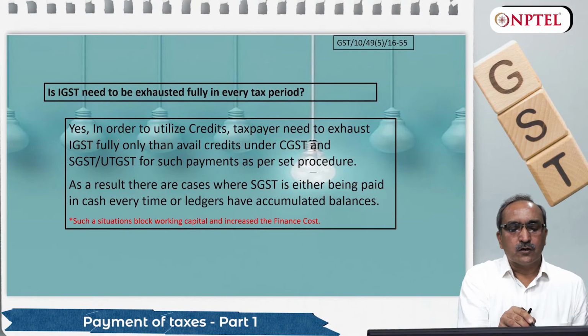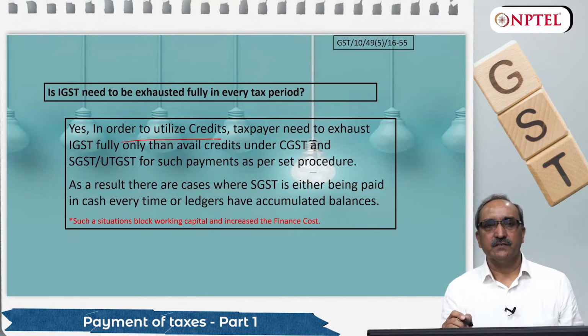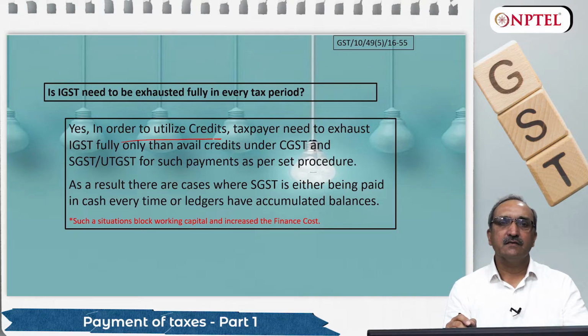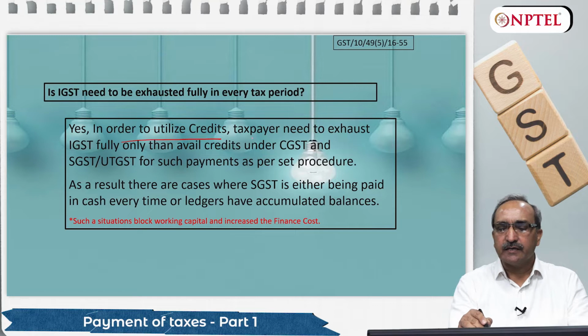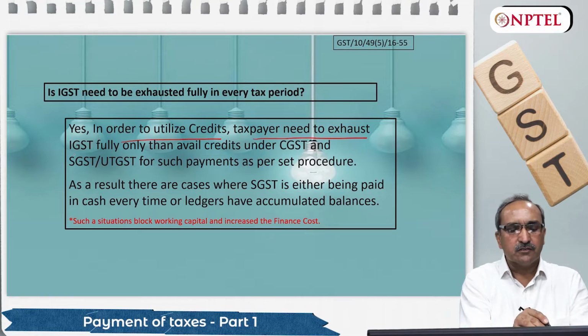Initially during 2017-18 and 2018-19, this procedure was not there, but later it was introduced, and it says that in order to utilize credits, meaning IGST credit, CGST credit and SGST credit, the taxpayer needs to exhaust IGST fully.